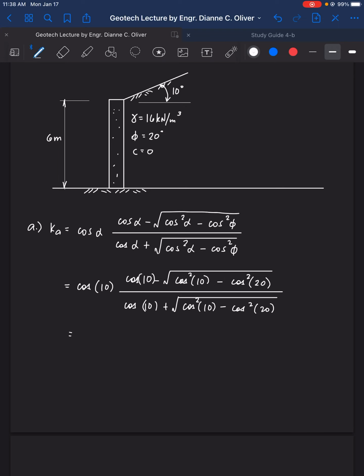So K active is now equal to 0.5312. So this is K active.